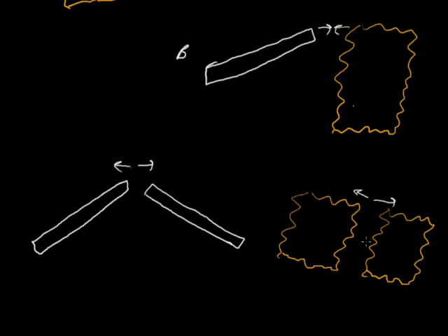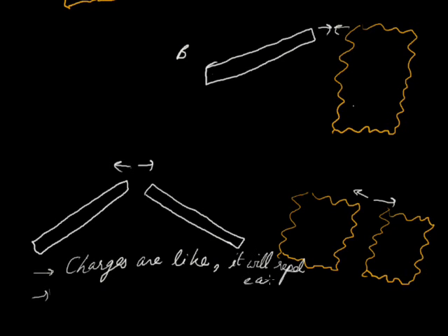That's why we find that the two types of charges have different properties. That is, if the charges are like, that is, two glass rods brought together, they will repel each other. But if the charges are unlike, they will attract each other.